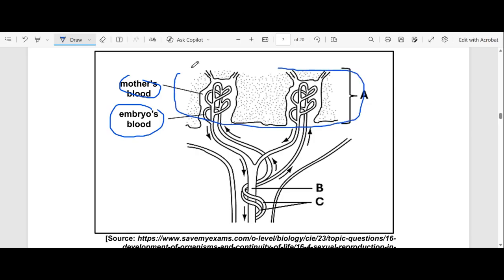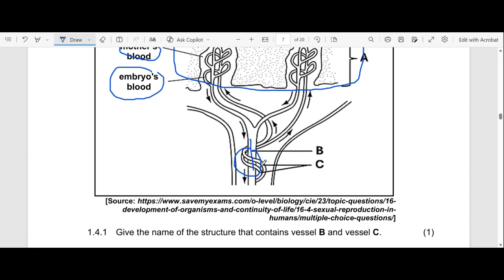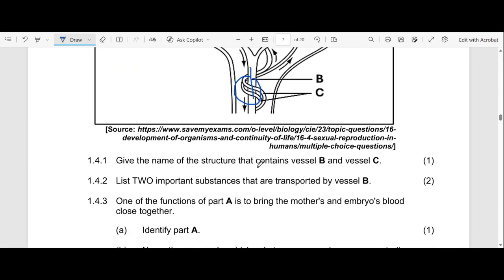Remember, the embryo is connected to the mother through the placenta. Then from the placenta to the embryo, we have the umbilical cord. Within the umbilical cord, we have two umbilical arteries and one umbilical vein. But let's continue and see the questions.